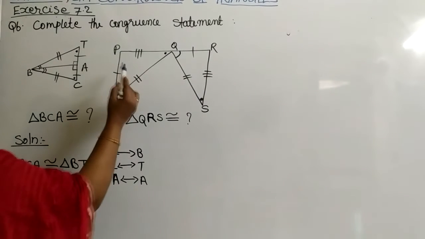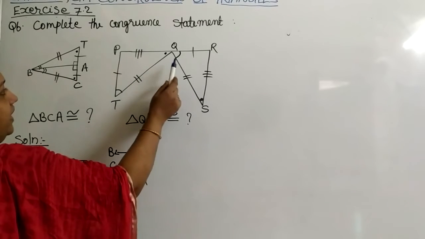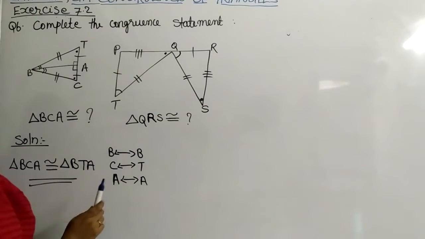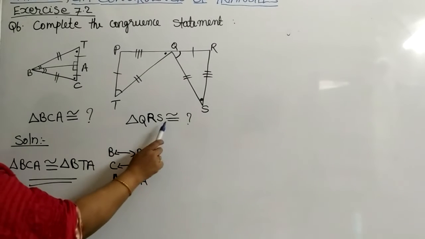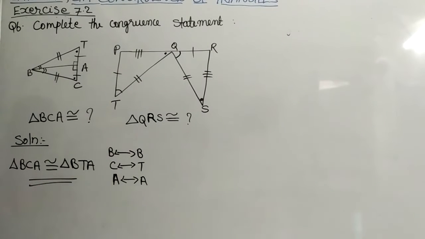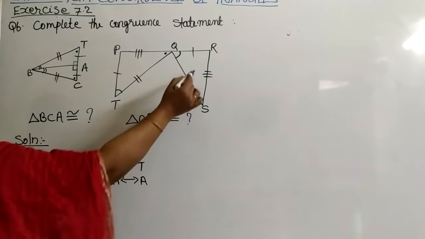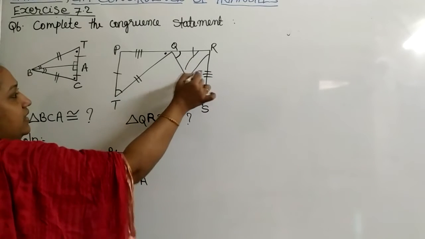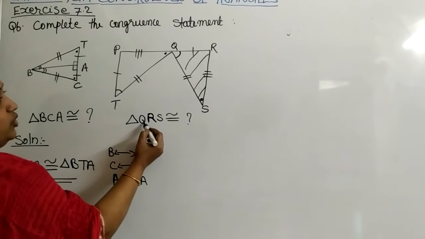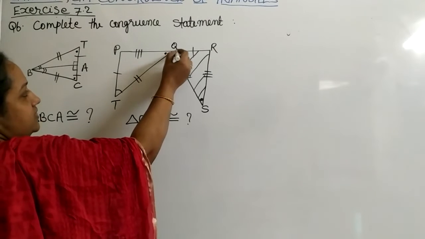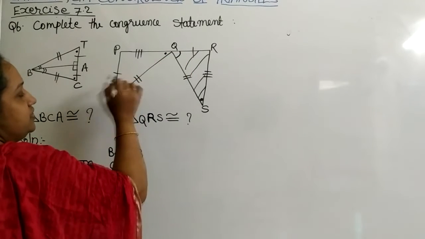Second, it is given triangle PQT and triangle QRS. We can establish triangle QRS is congruent to which triangle? For that, first we establish the correspondence between vertices. First we are considering this triangle QRS. Vertex Q corresponds to which vertex here?